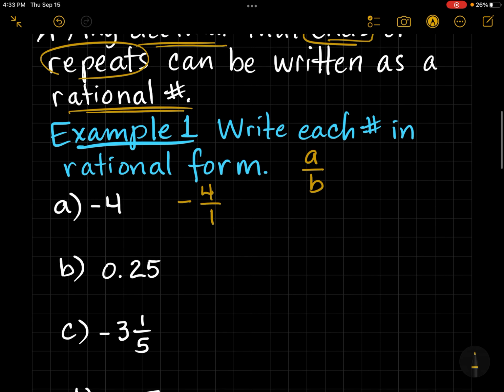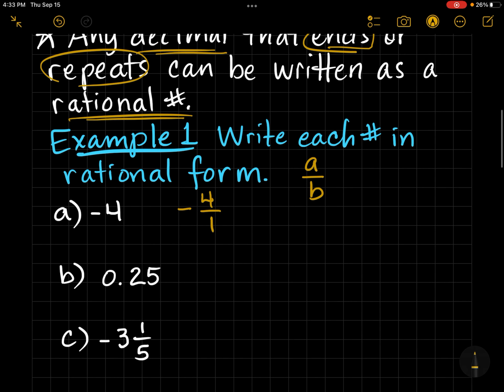How could we write 0.25 or 25/100ths in rational form? That would be 25 over 100. If you count the decimal places, that's how many zeros you need here. So that's a 1 with 2 zeros. However, we must reduce it. 25 goes in here 1 time, and 25 goes into here 4 times.